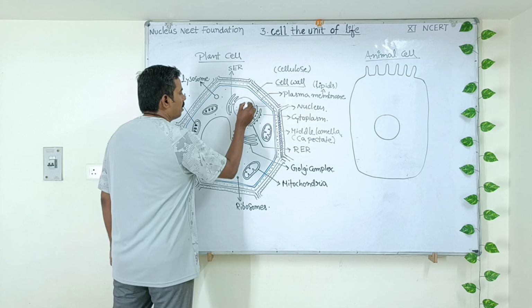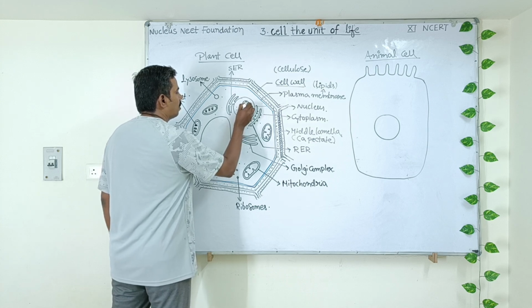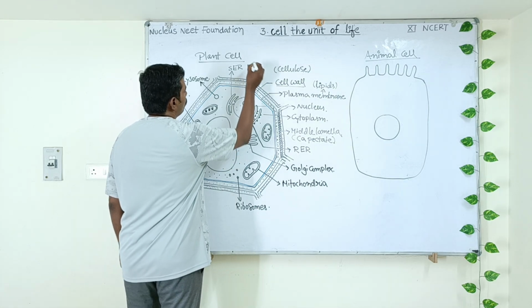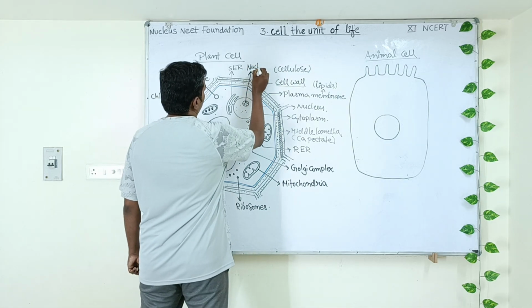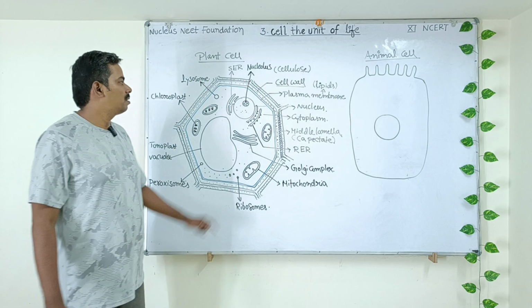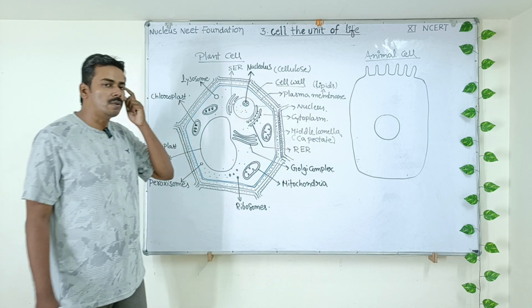Inside the nucleus you can see a dark non-membrane bound body which is rich in ribosomal RNA. It is called nucleolus. It is not covered by any membrane, and is present inside the nucleus.